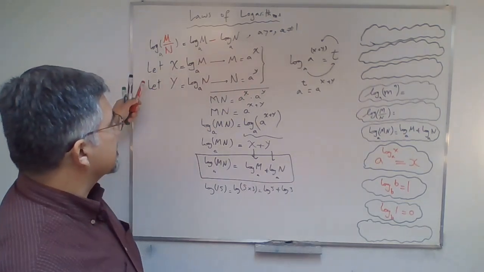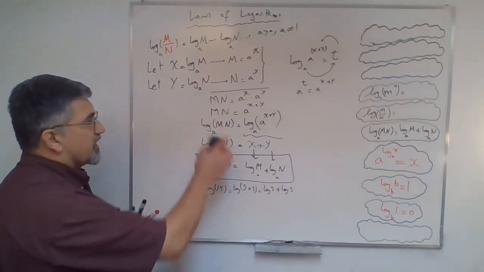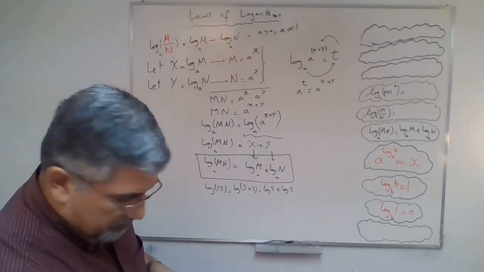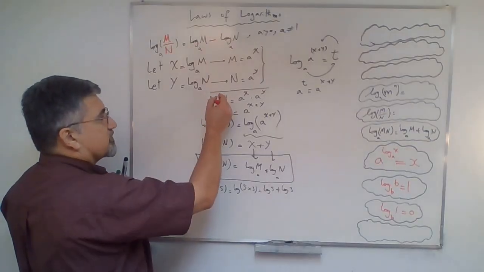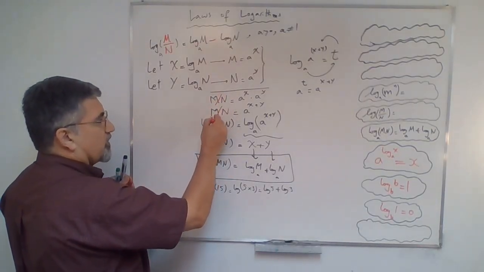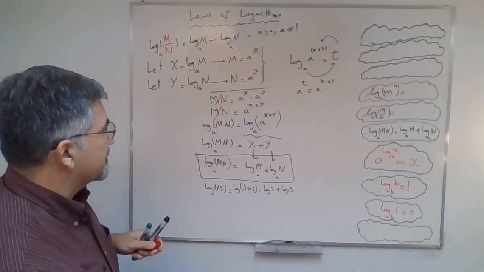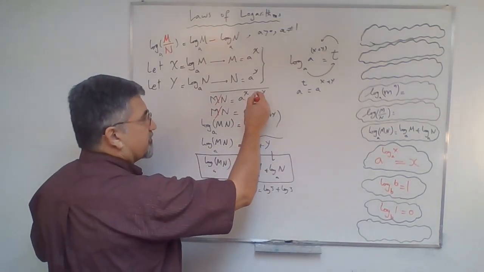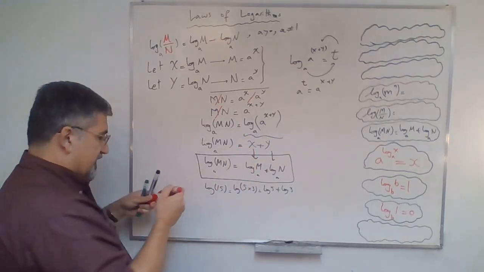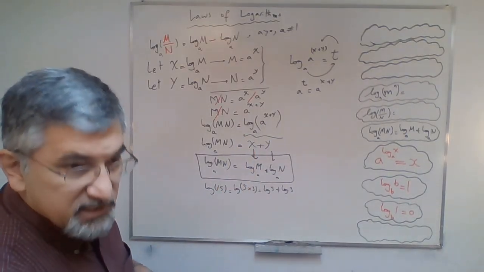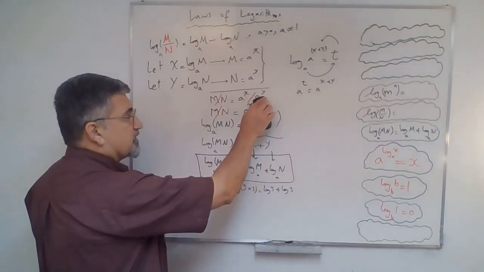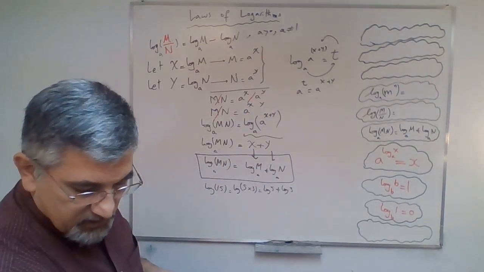I'm using the same proof, so it's very similar. Whatever I said before is still the same thing, except that instead of multiplying the two equations, this time I'm going to divide them. So m over n on the left-hand side, and here I'm going to divide the left sides. When you divide two powers with the same base but different exponents, you remember that we subtract the exponents.